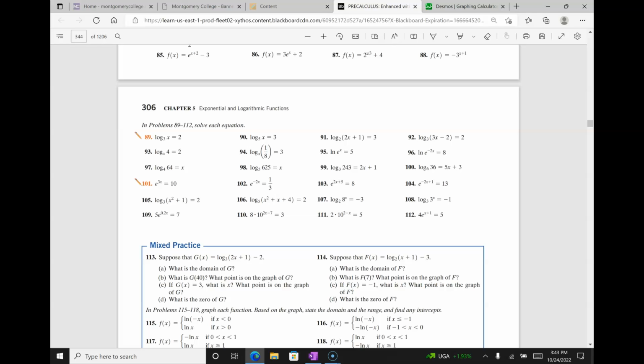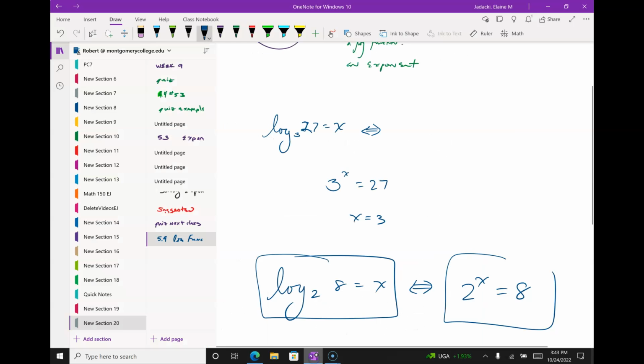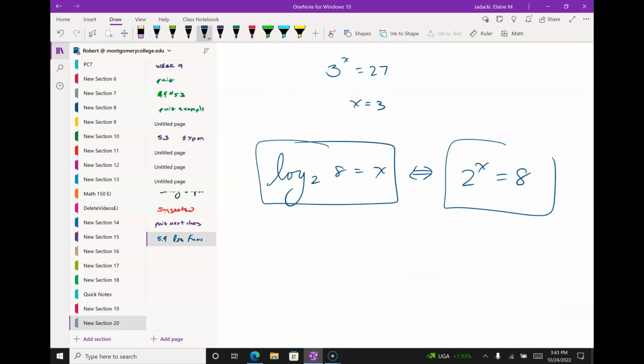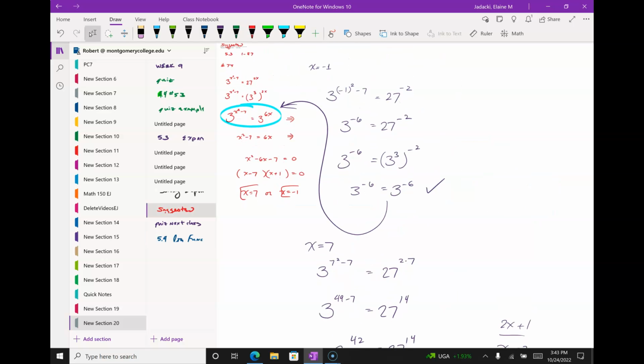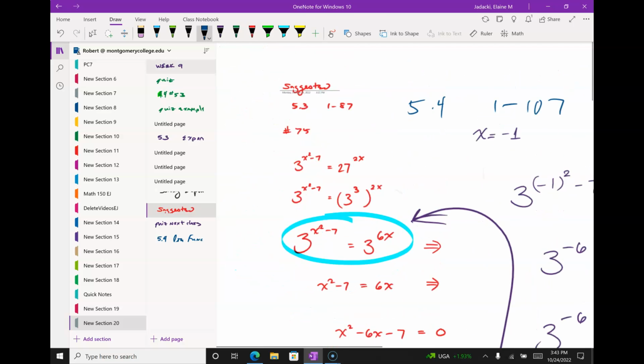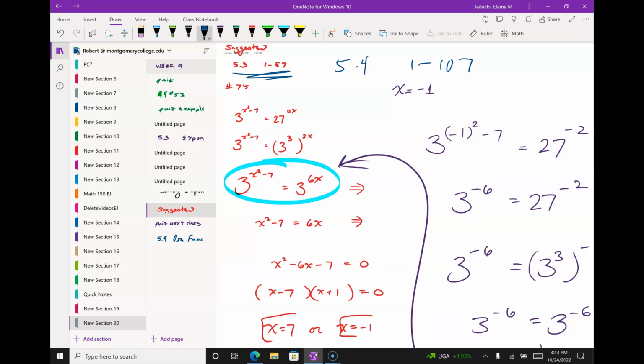Up to 109, up to 111. So, yeah. I'm not done with this section, but really close because it's easy. So, suggested problems: 5.3, 1 to 87, and 5.4, 1 to 107.